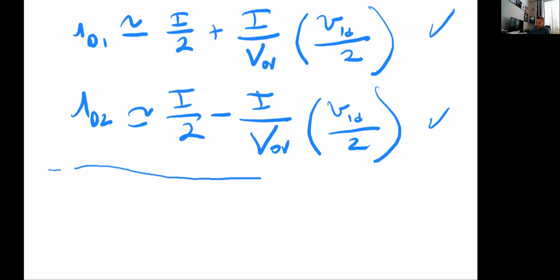So now I have linear relationships of the drain currents that are going to develop my differential output voltage versus my differential input voltage.